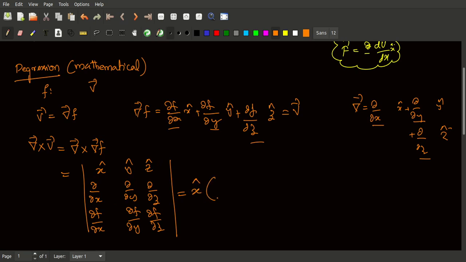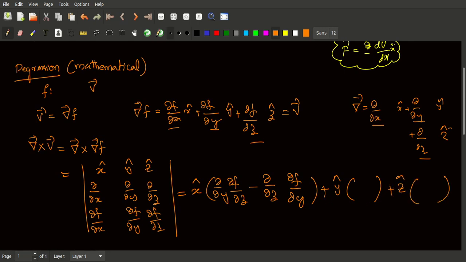So open for x cap alone: del upon del y into del f upon del z, minus del upon del z into del f upon del y, plus the terms of y cap and z cap. You see, these two are the same, right? You can interchange the order in partial differentiation, so this quantity vanishes. In a similar way, the other quantities also vanish.